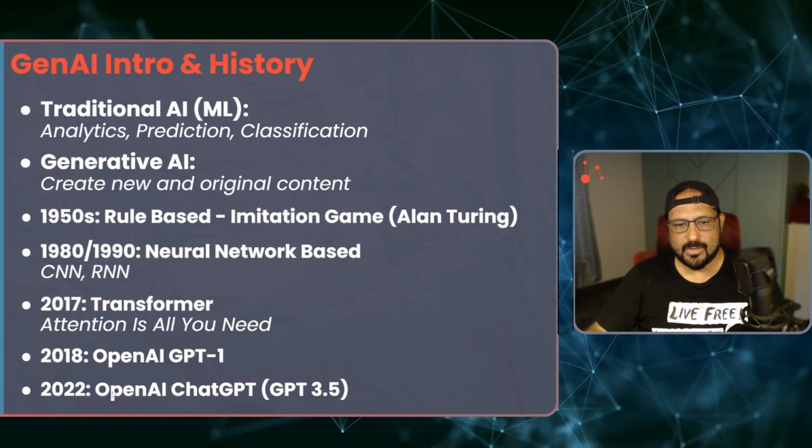But in 2022, OpenAI released ChatGPT, which was based on GPT-3.5, a much later version of GPT-1. And this is where we are today. ChatGPT changed the whole scenario of artificial intelligence, and this can be attributed to this seminal paper created by Google scientists.